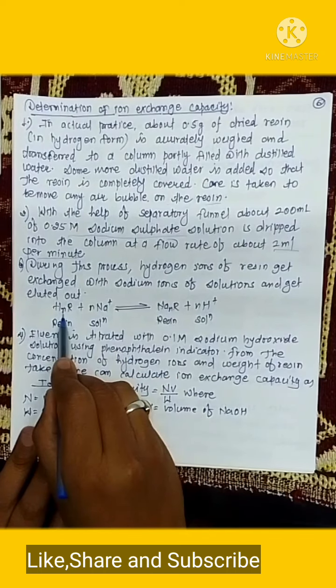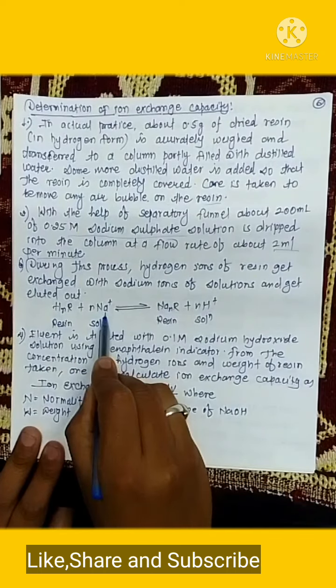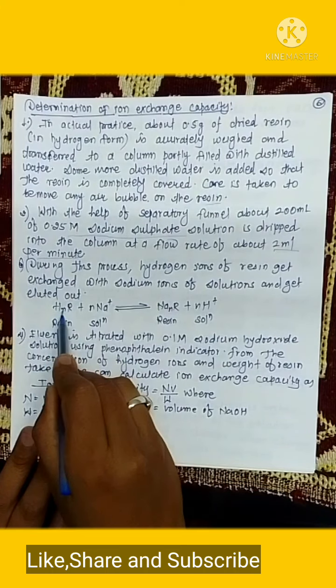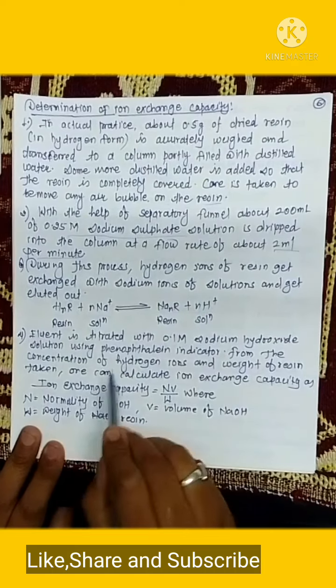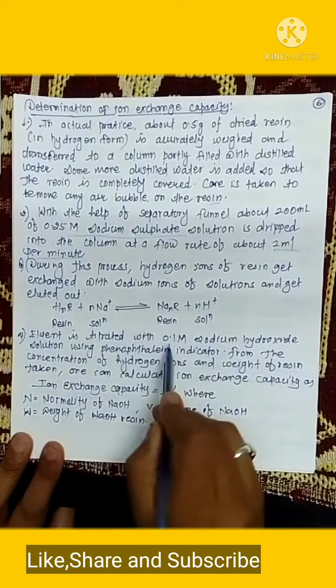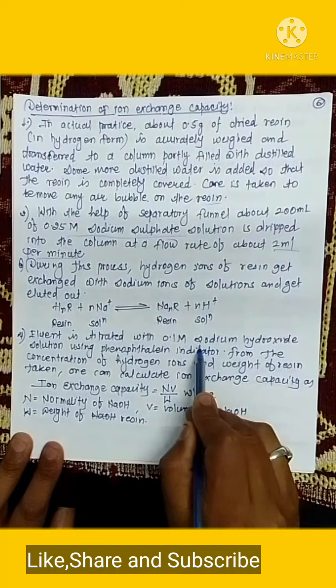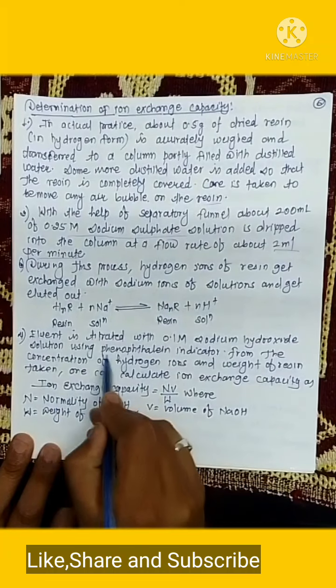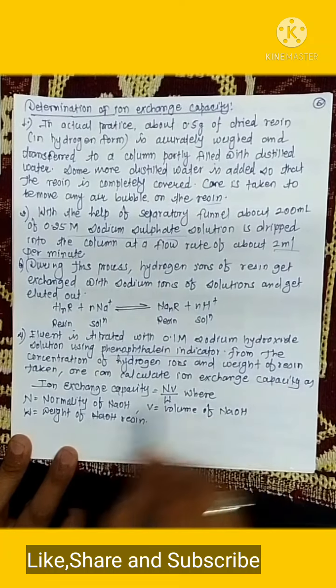So in this reaction we see that sodium ions basically replace H+ on the resin and H+ comes into the solution. The eluent is titrated with 0.1 molar sodium hydroxide solution using phenolphthalein as an indicator.